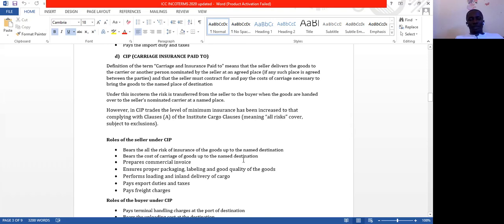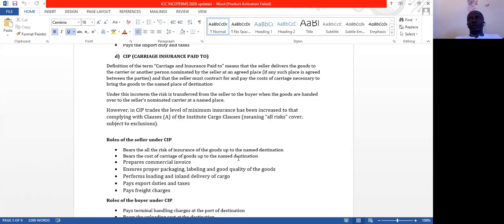CIP, carriage and insurance paid to. Definition of the term: carriage and insurance paid to means that the seller delivers the goods to the carrier or another person nominated by the seller at an agreed place, if any such place is agreed between the parties, and that the seller must contract for and pay the cost of the carriage necessary to bring the goods to a named place of destination.